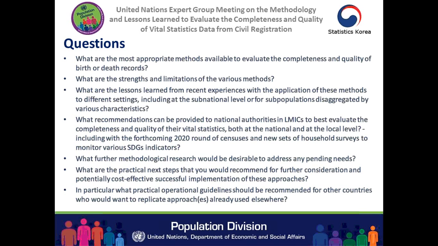And the second issue is, as in the principles of dual record systems, it's important to have a follow-up verification of at least a sample of the cases, if not all, which is what is practiced in the SRS as well as in the DSP, where there's a field verification of the event.